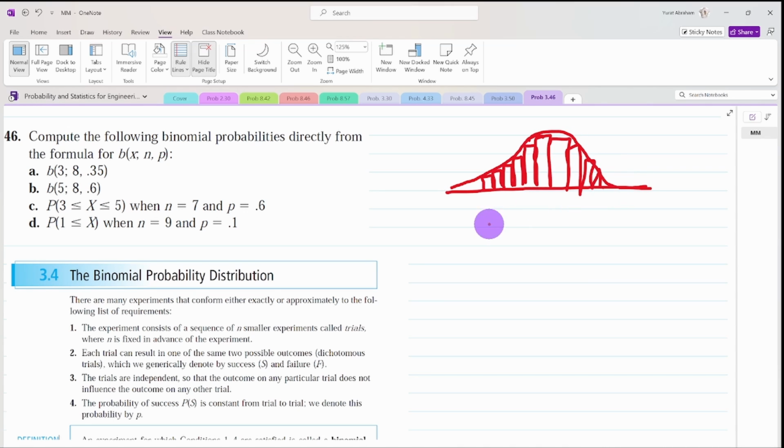Each bin is each of these numbers right here, where the x represents each number of bins. So for example, if I say 3 will be my bin, for the third bin we want to know the probability of exactly that third bin.